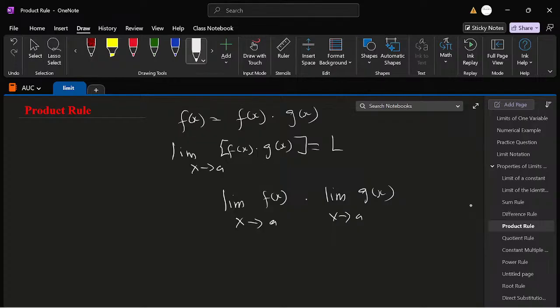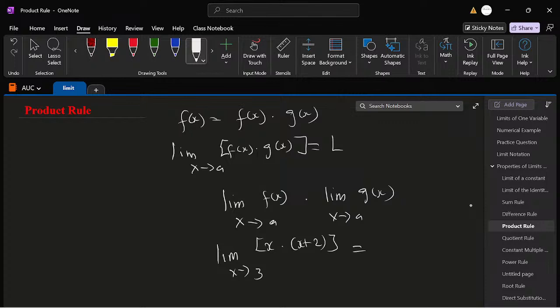Let's look into an instance. Let's say you want to evaluate the limit as x approaches 3 of x times (x plus 2). So I may do something like this.